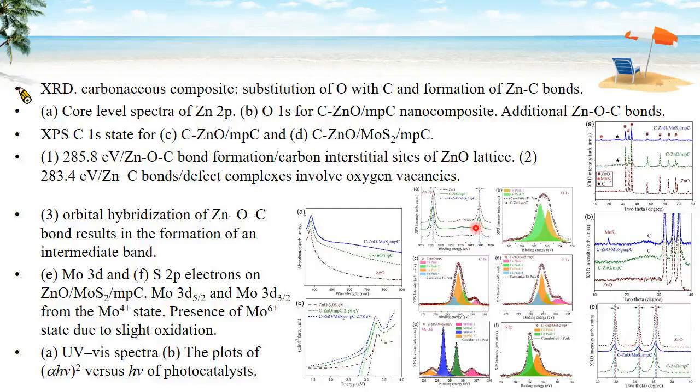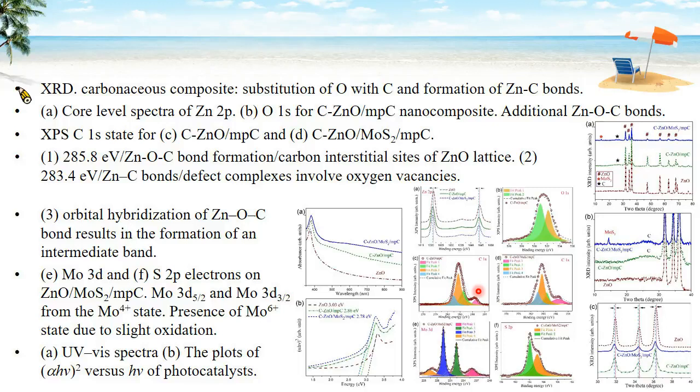In the XPS study, for the O1s spectrum, in addition to the lattice oxygen, we have seen another feature for Zn oxygen vacancy and Zn-O-C bonds. For the C1s spectra, apart from the usual C-C and C-O bonds, one peak at 285 electron volts is associated with Zn-O-C bonds.